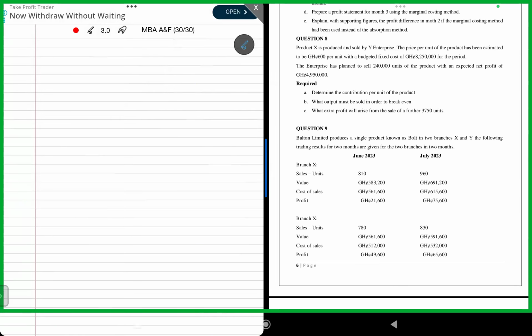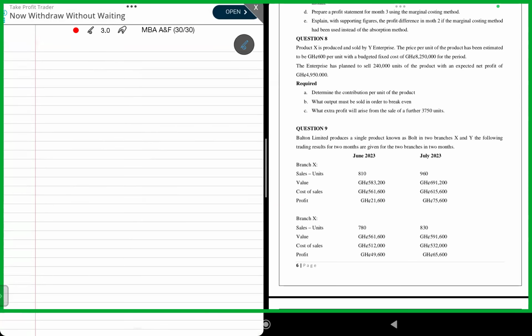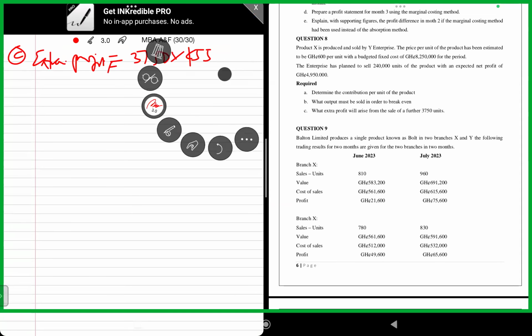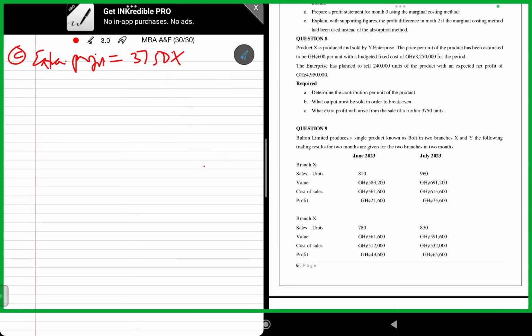So we said the extra profits equals 3,750 times 55, times the contribution margin. So 3,750 times 55, what do we have? 206,250. This is the extra profits.